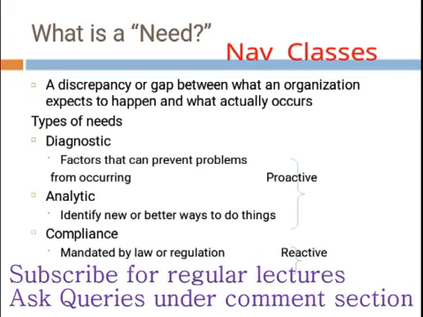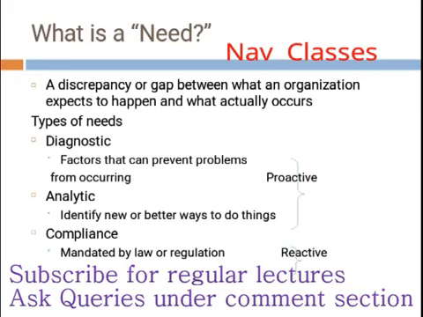And what are the types of need, and which type of need can be tackled, and which type of need should be considered. So there are two types of needs, proactive and reactive. On the broader term, there are three types of needs: diagnostic, analytic, compliance.